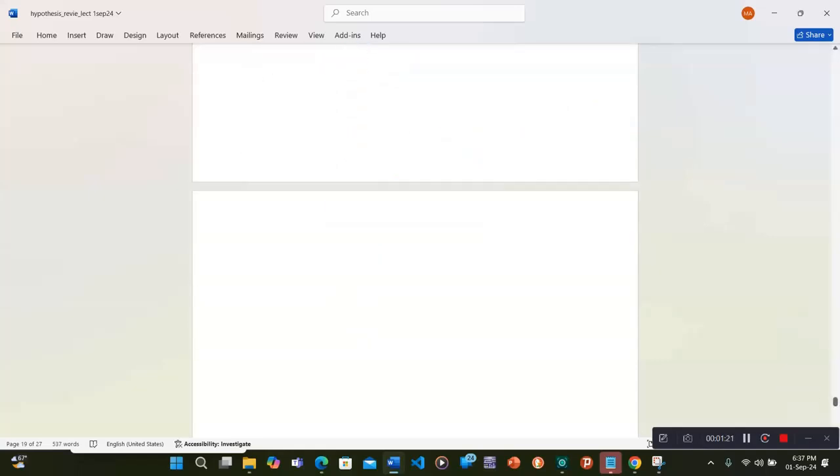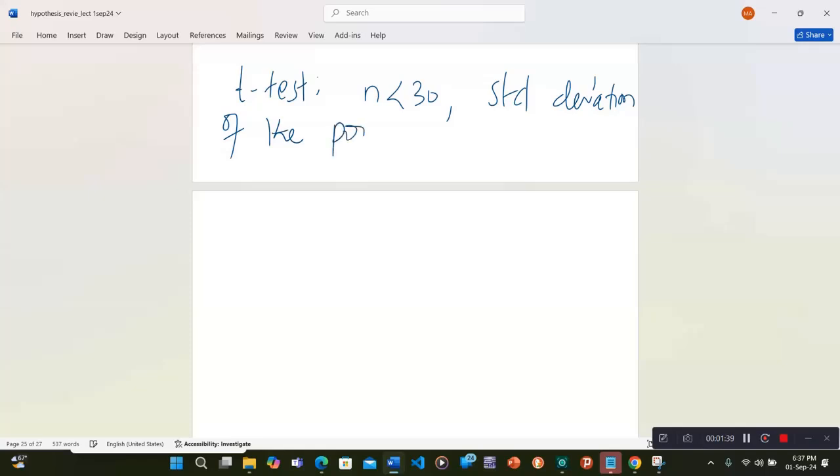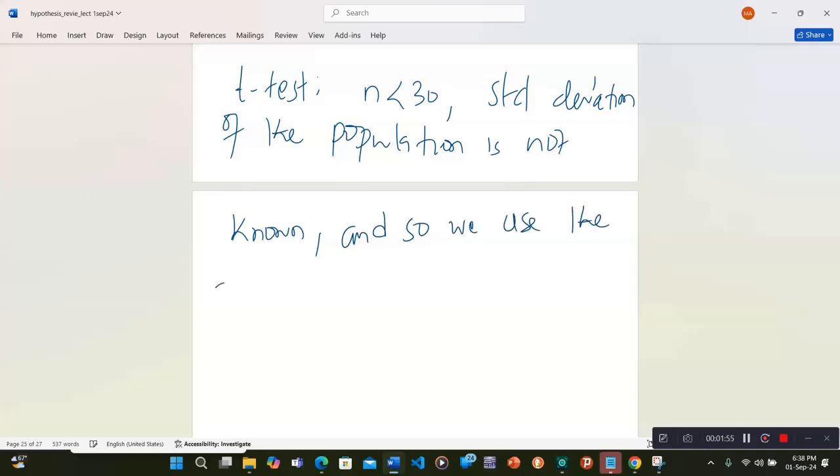Okay? For a t-test, n is less than 30 and the standard deviation of the population is not known, and so we use the sample standard deviation.